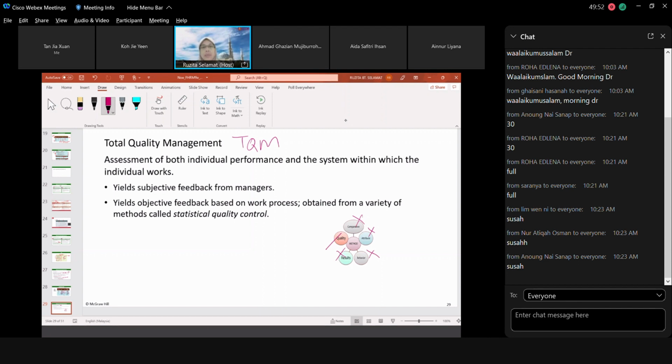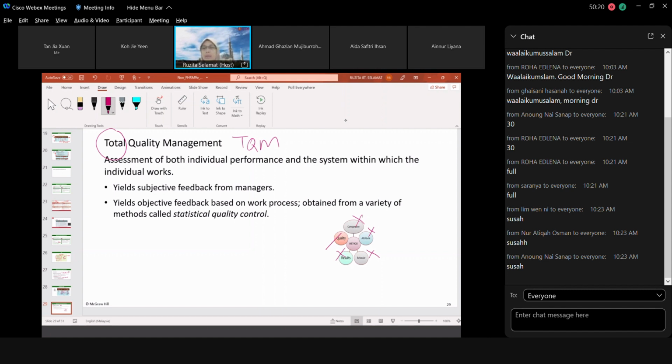So the word total reflects that the company has to focus on quality in whatever activities they are doing, involving the client, the supplier, involving the production, and that's how employees are going to be measured.